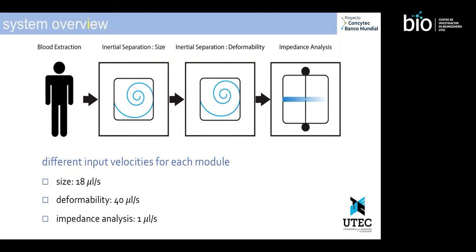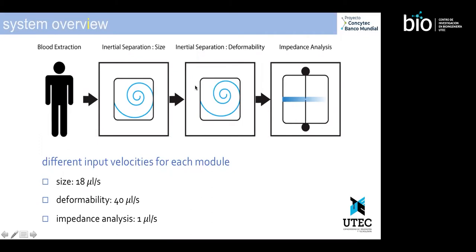Then we can also separate them on deformability, to clean up a little bit more. Deformability means that the healthy cells are softer than the infected ones. And once we've done a good separation of the healthy and infected cells, we can do the bioelectric measurements, which is called impedance analysis.